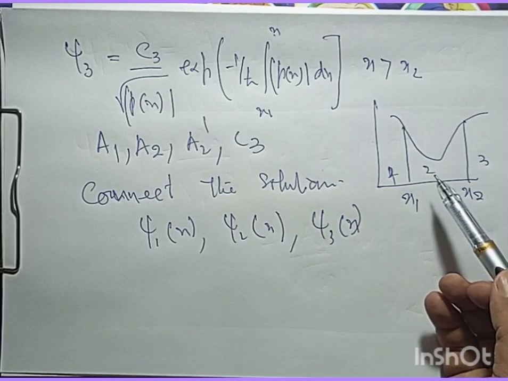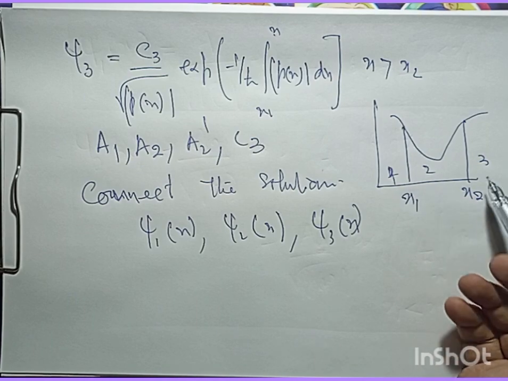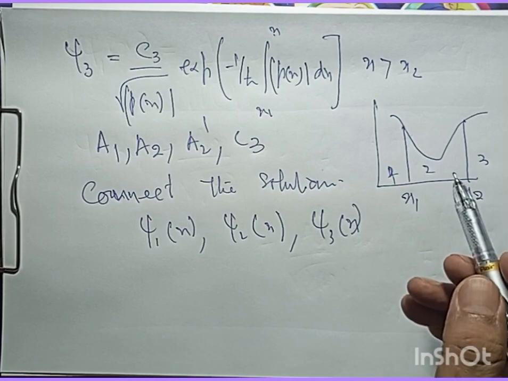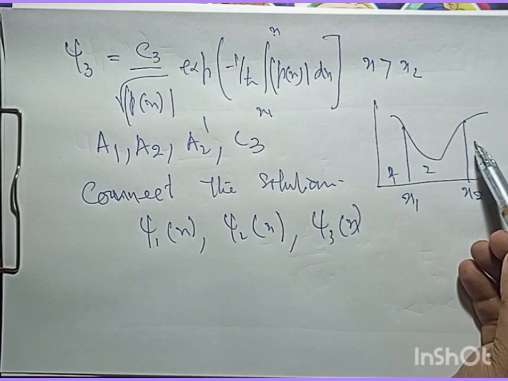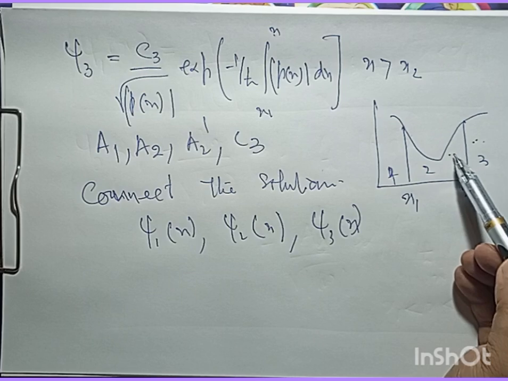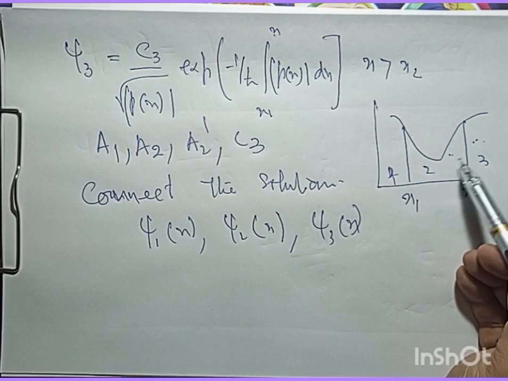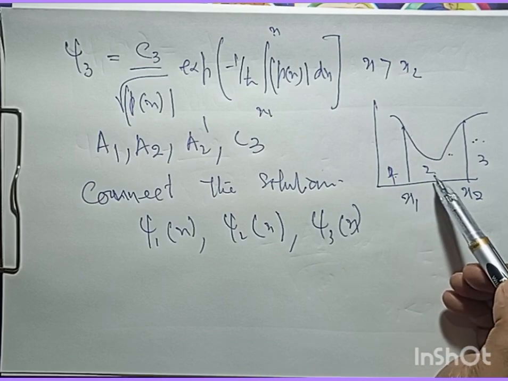That's why we need to connect these wave functions. We need to connect psi 3 with psi 2 as we go from 3 to 2, and then we need to connect psi 1 to psi 2 as we go from 1 to 2.